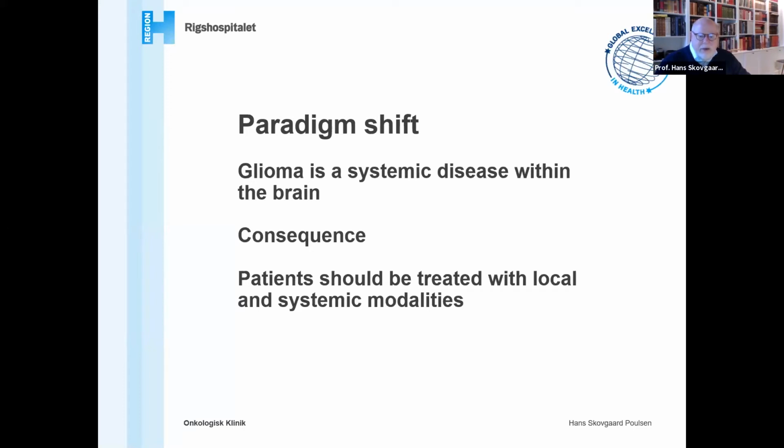15 years ago, it became a standard to treat these patients with both local and systemic modalities. Local surgical treatment, radiation treatment, and systemic modalities, chemotherapy, and other medical therapies.